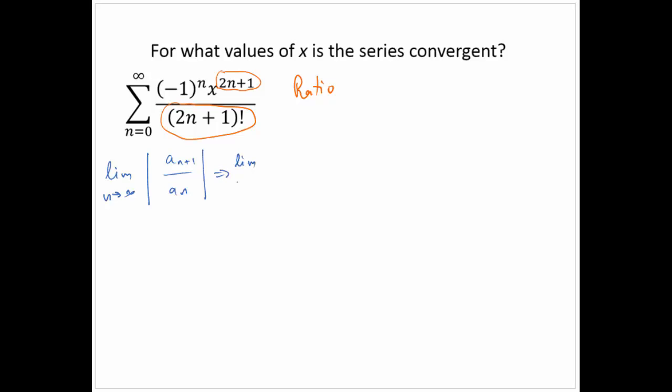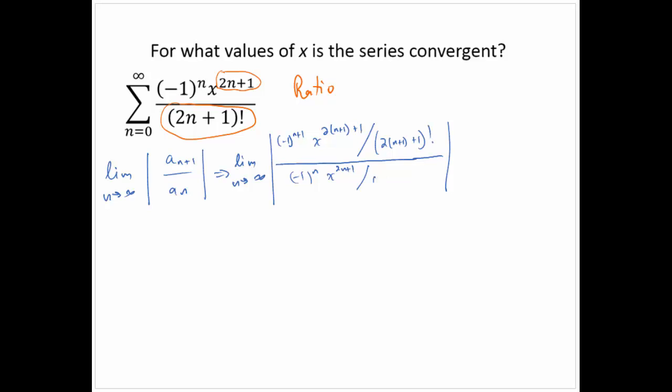That would be negative 1 to the n plus 1, x to the 2 times n plus 1 plus 1 over 2 times n plus 1 plus 1 factorial, over negative 1 to the n, x to the 2n plus 1 over 2n plus 1 factorial.